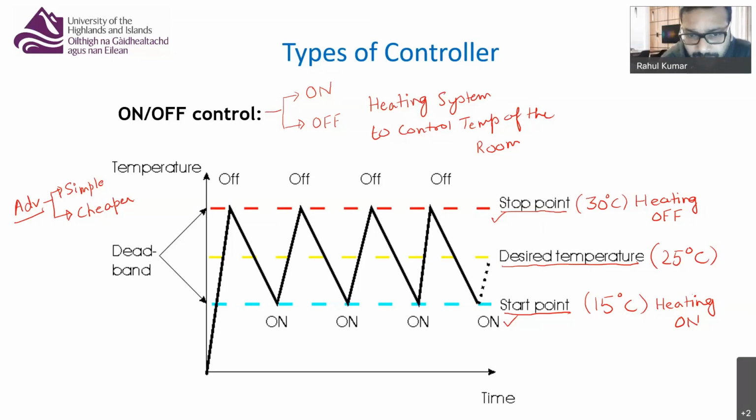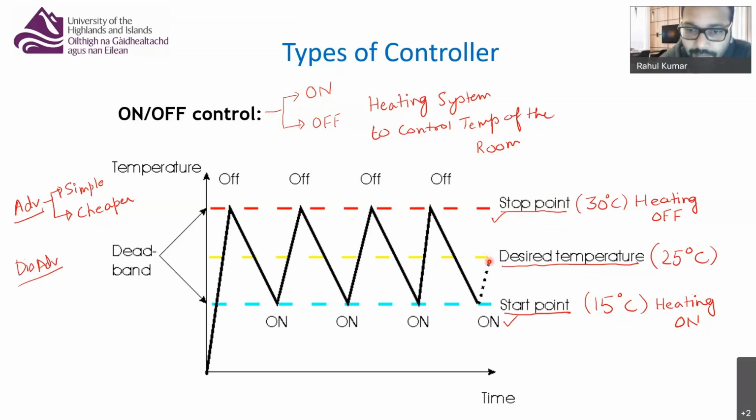However, if we move on to the disadvantage of this type of controller, you might have realized that the temperature of the room is maintained over a range, between 15 and 30 degrees centigrade, not around your desired temperature. Your desired temperature was 25 degrees, but this controller is unable to maintain the temperature exactly around 25 degrees centigrade.